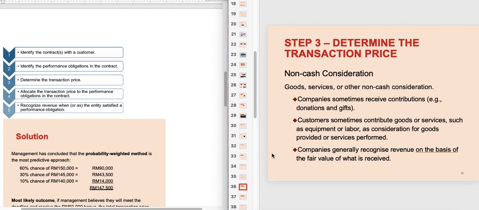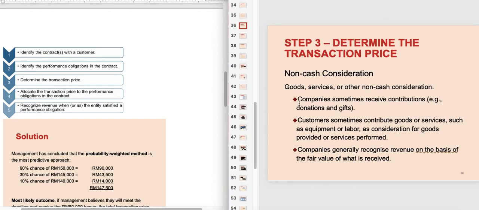Now this is again step 3, determining the transaction price. If, let's say, the customer is not paying in cash but using other non-cash consideration, such as a donation or gift, then identifying the TP will be based on the fair value.